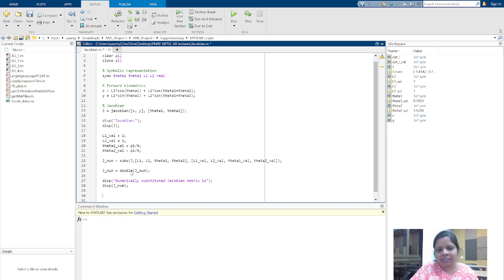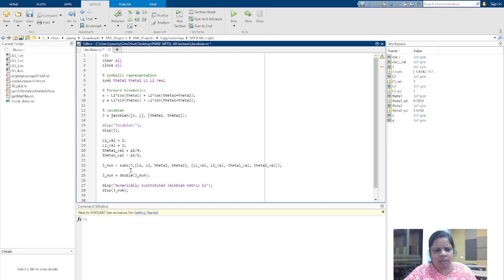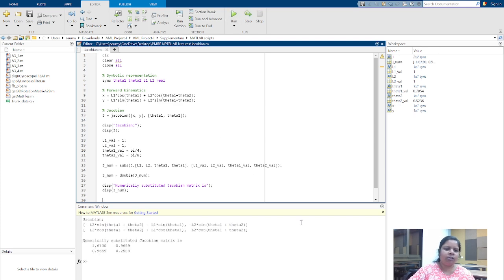Okay, now after this, what is the thing that is left? I think we should check this, right? Since we have already calculated the Jacobian in the symbolic form, and then we have substituted, let's see the value. Can you match it with what we had obtained? It is the same thing, right?